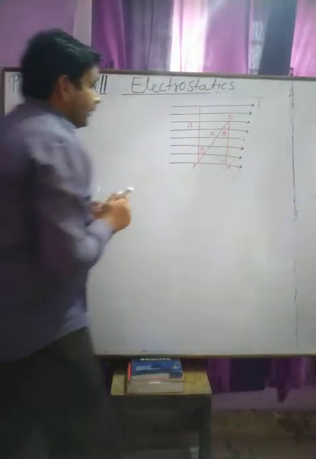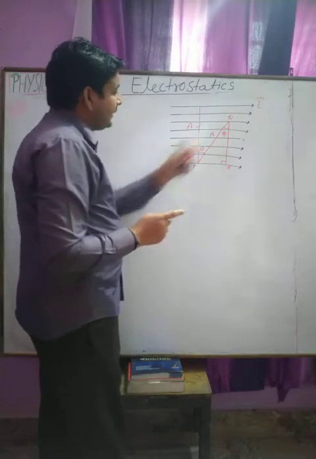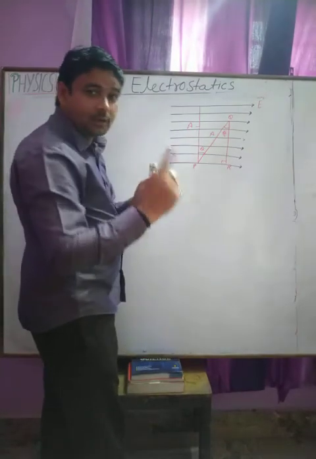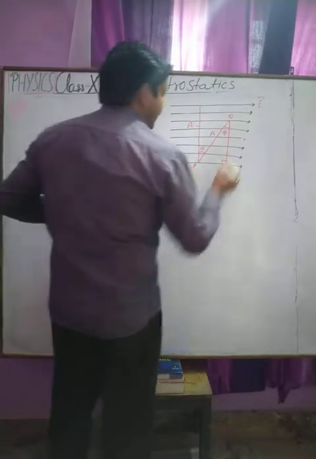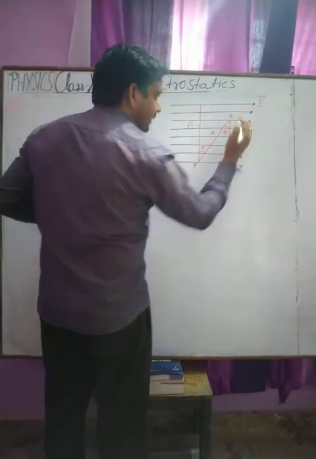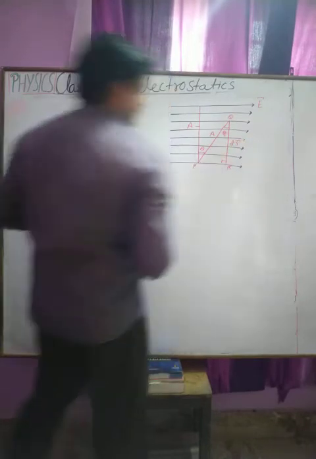Now if we want to calculate the number of field lines linked with this surface after turning it by an angle theta, then this particular surface we are using as vector dS.